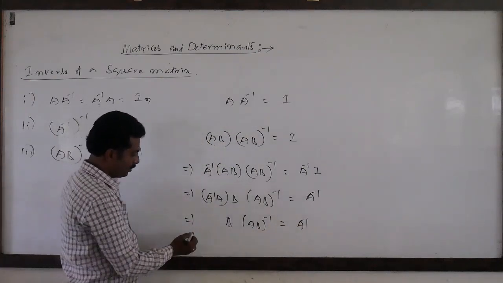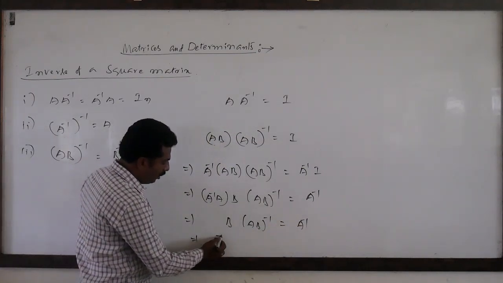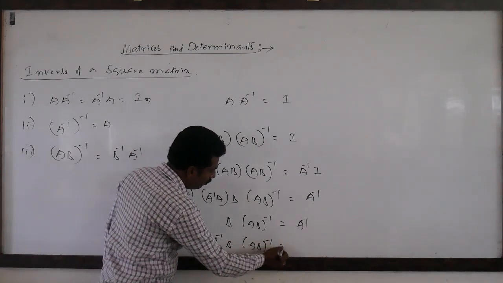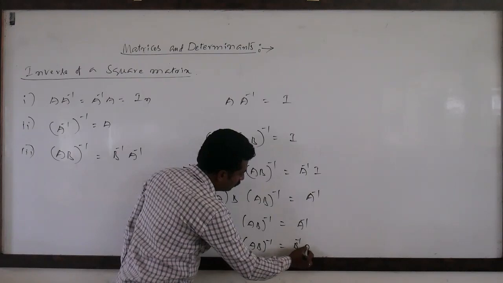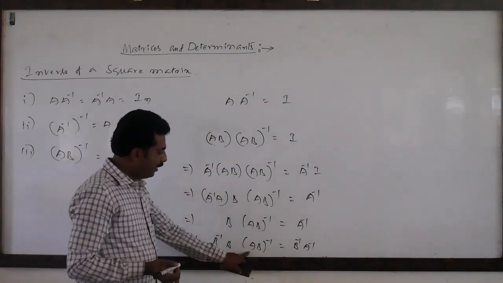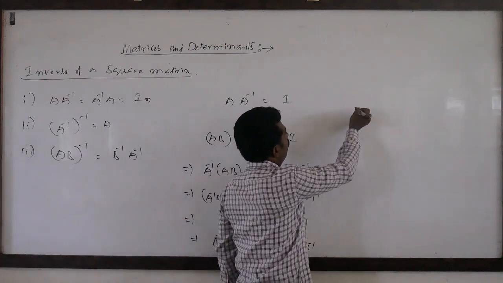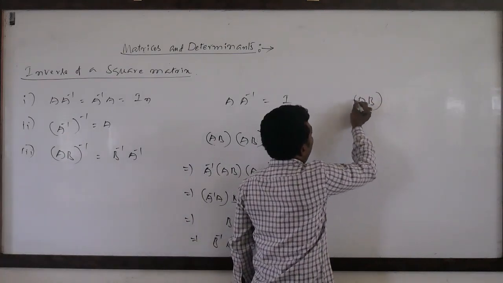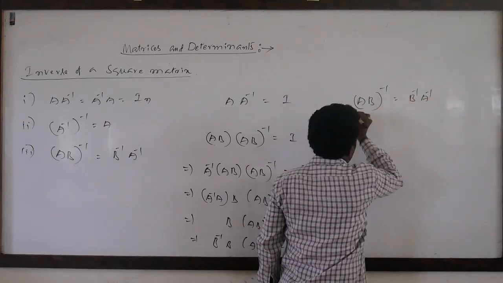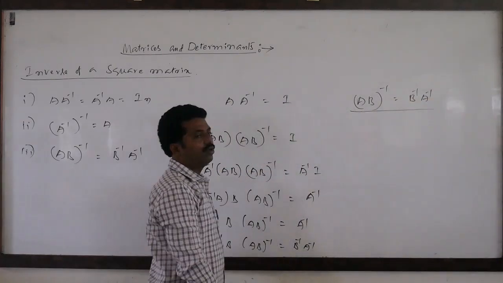Operating with B inverse, B inverse into B AB whole inverse equals B inverse into A inverse. B inverse B means identity, and identity into a matrix gives the same matrix. So finally AB whole inverse equals B inverse into A inverse. This is most important.